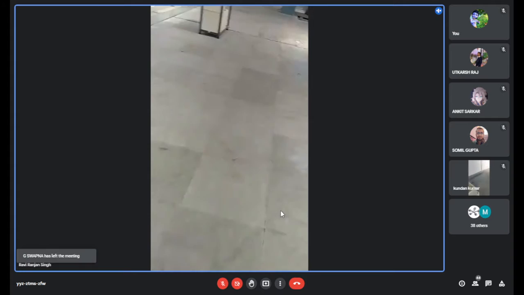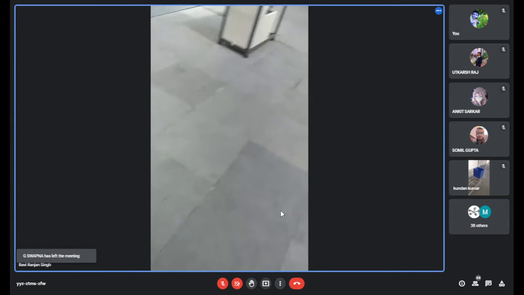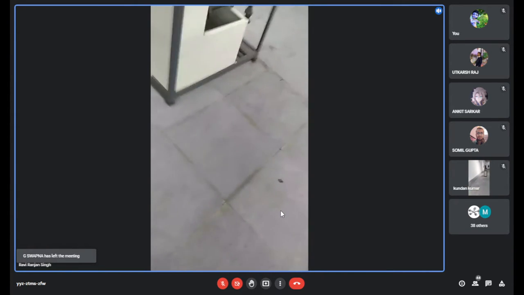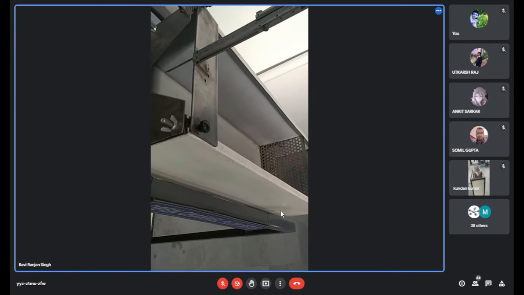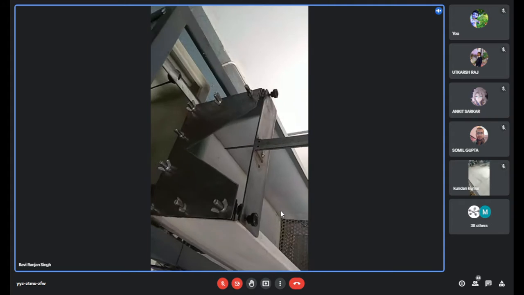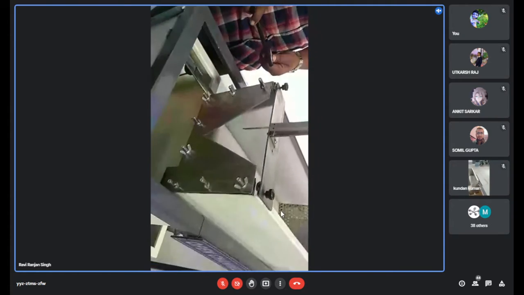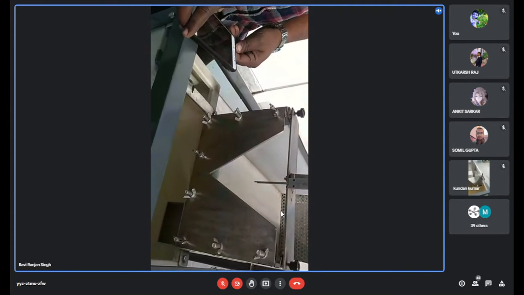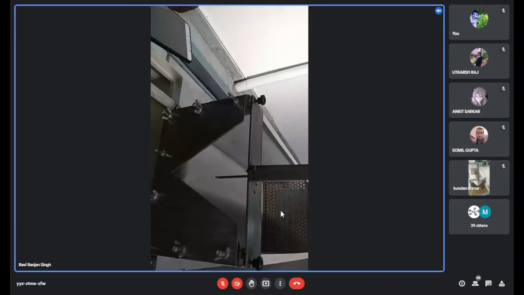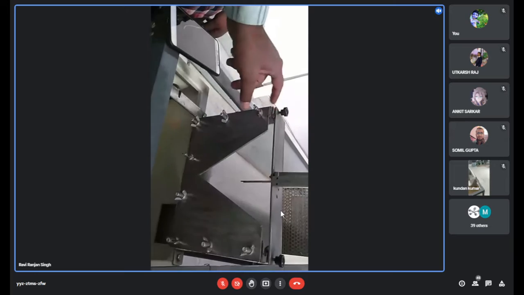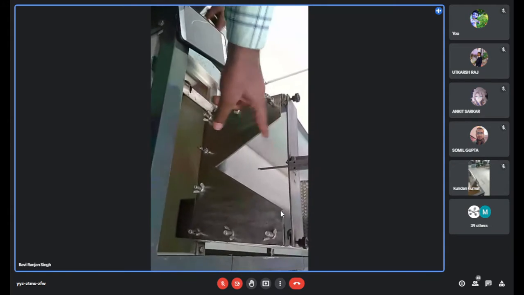After that, we have the last experiment, the open channel flow setup, which is also known as the flow through the notches. We have different notches. Now you can see that this is a V notch, and we can change this setup, and we can set up the rectangular notches or some different notches.